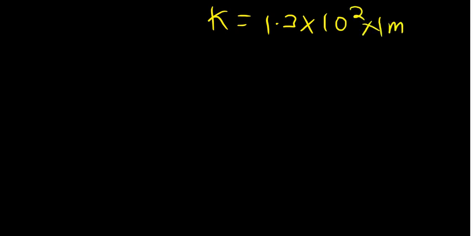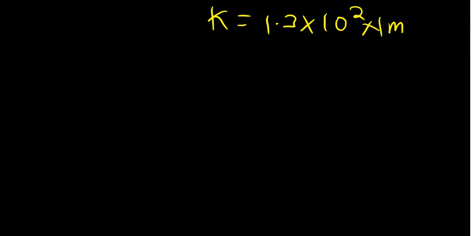Okay, thank you. So the question is, we have an object which is attached to the spring. They are saying that it has the constant k. This k they can change, but they'll always give it times 10 to the power 2, and it is always in Newton per meter.